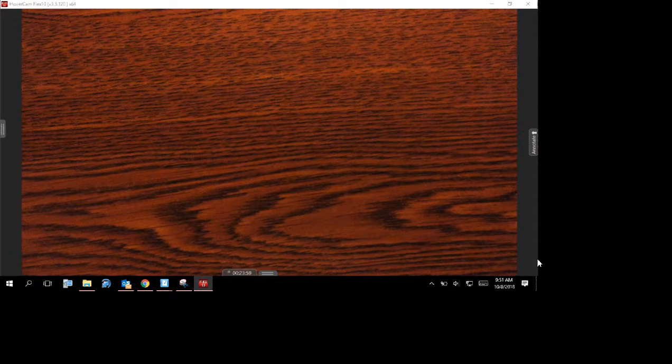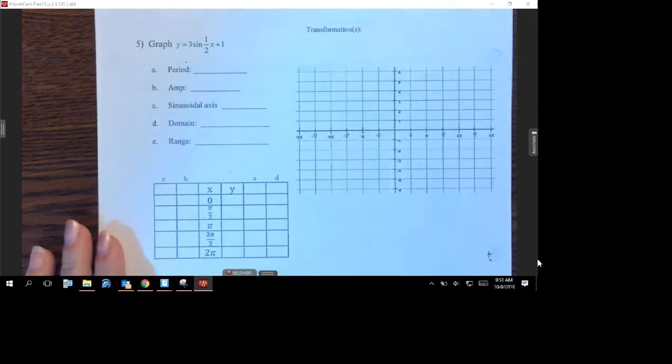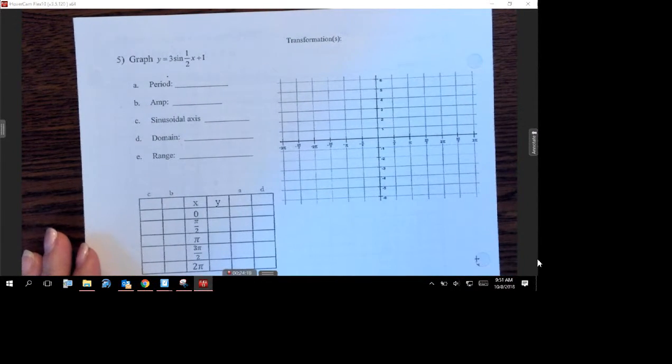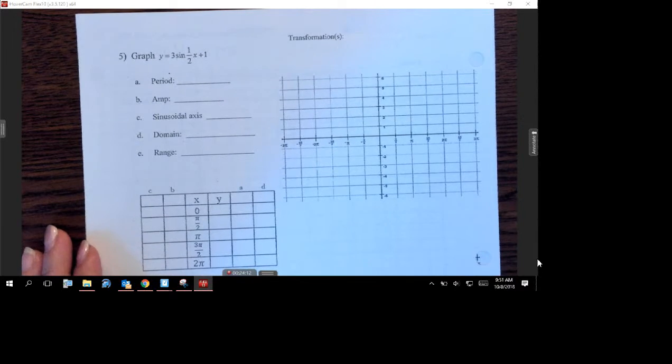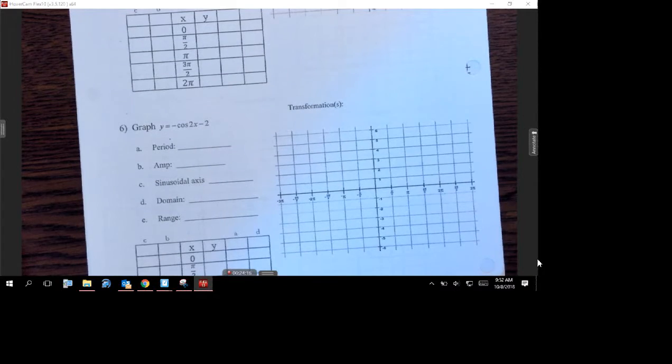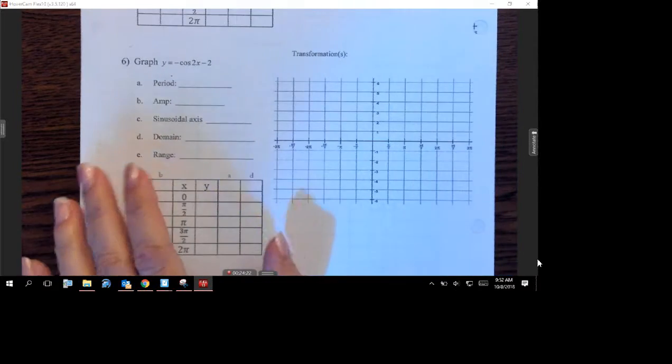Let's do number 5 instead. Did we just do a sign? Yeah. Should we do 6 instead? We just did a sign. But we've already done one of those too. Nah, we'll do 6. It's fine. You guys have done transformations before.